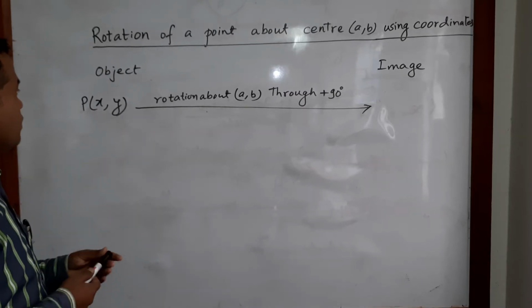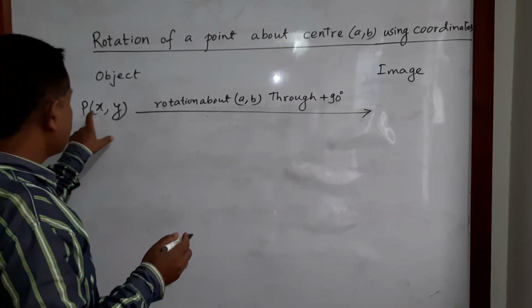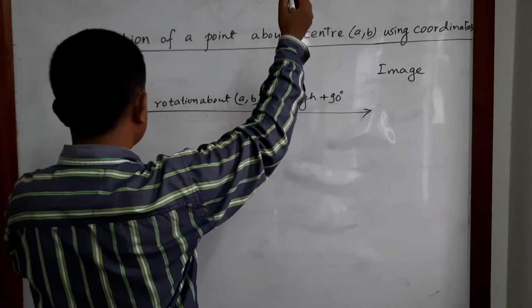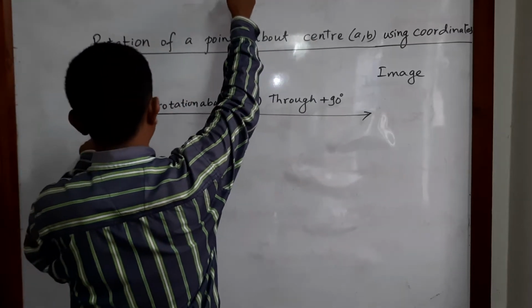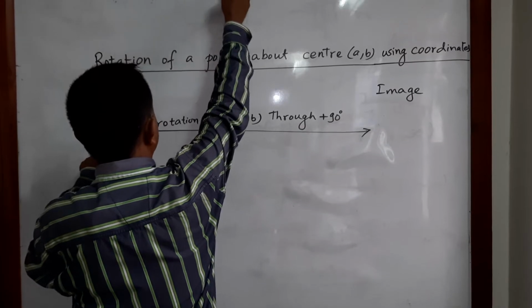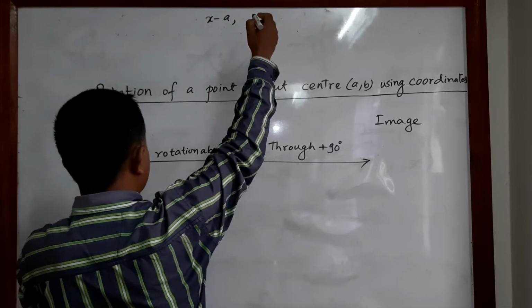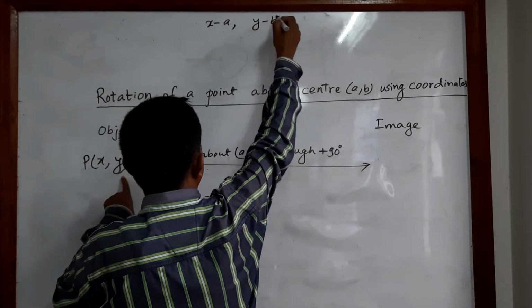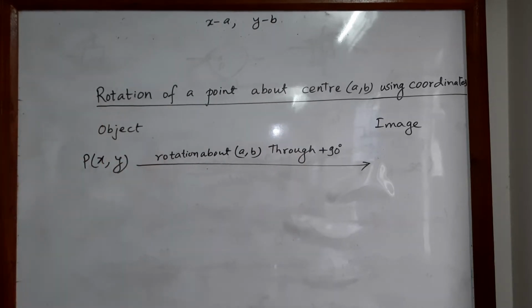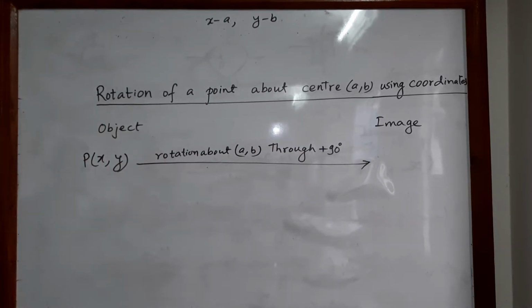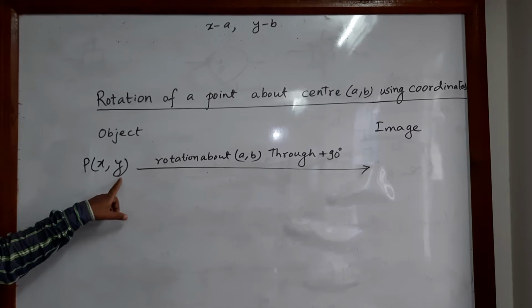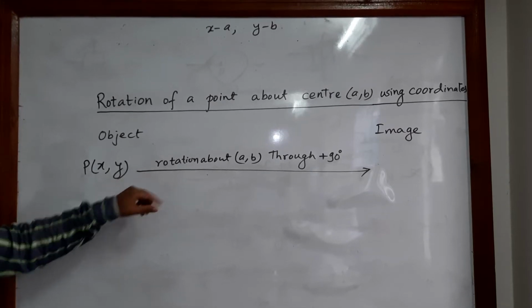So if we write this with reference to the origin, then it becomes x minus a and y minus b. You have to write x minus a, y minus b.